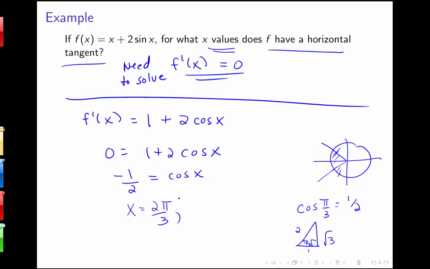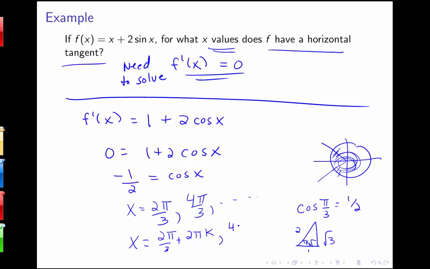Also at 4 pi thirds, I would have a cosine of negative 1/2. And at any multiple of those angles. So I can add 2 pi to either of those angles, and I would get back to the same place where I would have that same cosine. So the complete solution here is that we will have a horizontal tangent at 2 pi thirds plus 2 pi k, meaning any multiple of 2 pi can be added to 2 pi thirds and give us a place where we have a horizontal tangent.